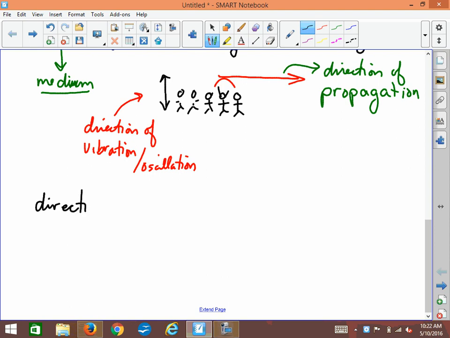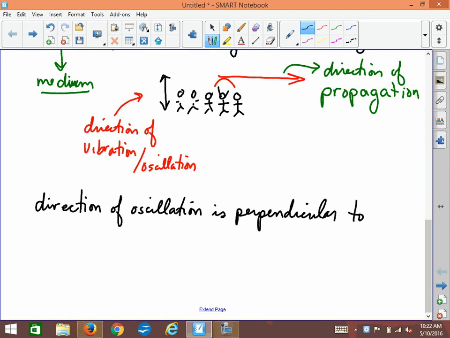Let's write this down. The direction of oscillation is actually perpendicular to the direction of propagation.